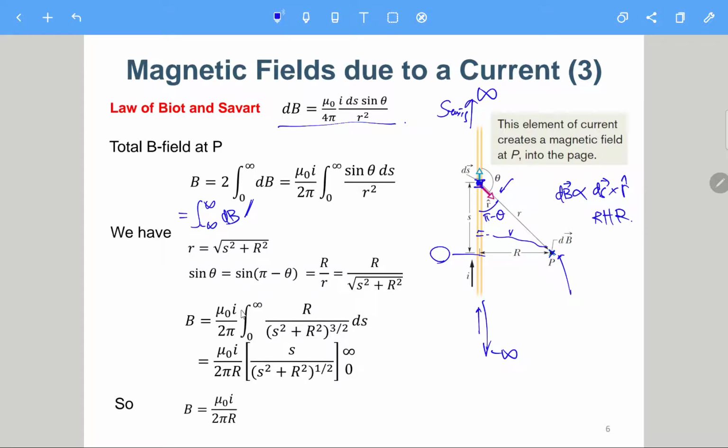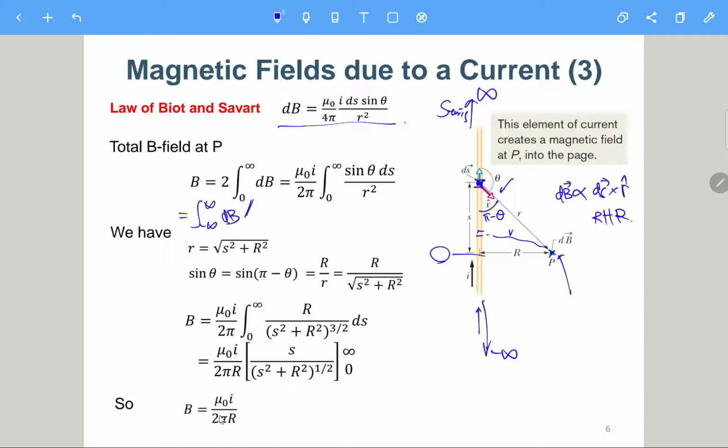So we have B equal to this one, and then we need to integrate it. It will be like this. This is the antiderivative of this function, and then we substitute s equal to infinity and s equal to 0, and subtract these two results.